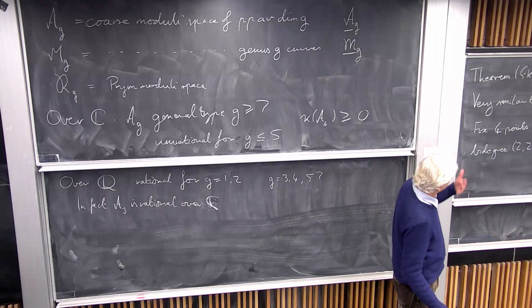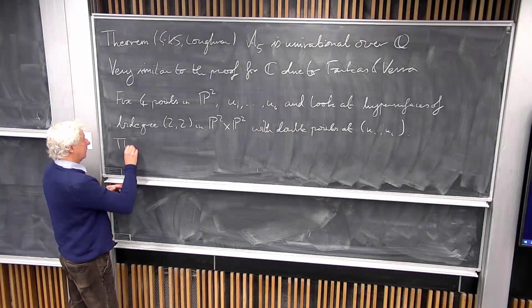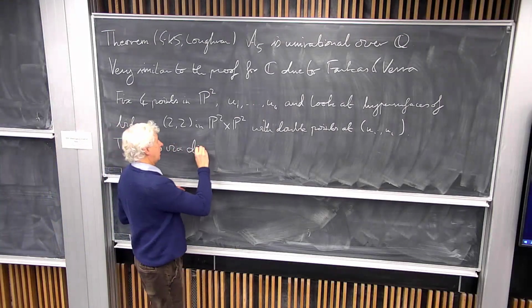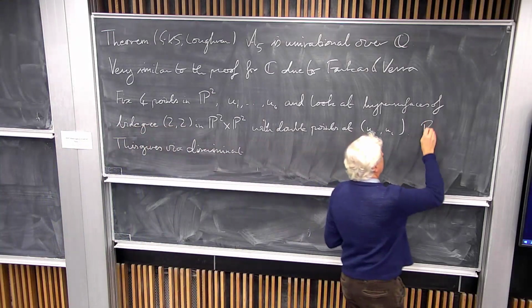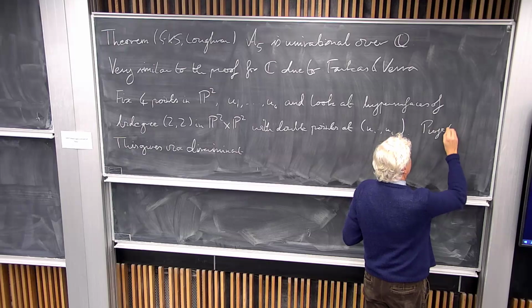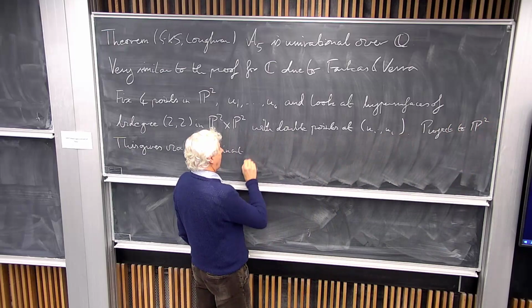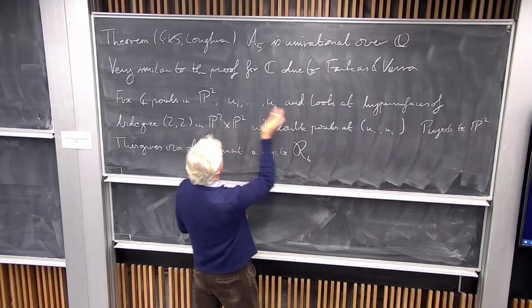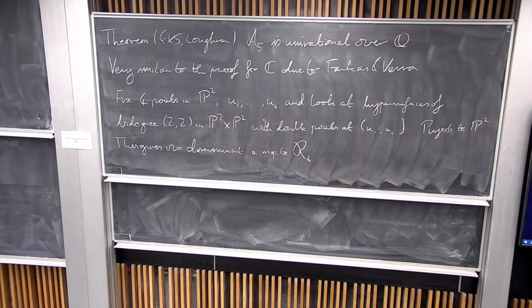So this gives, via the discriminant, a map to R6, if I look at the family of these hypersurfaces.